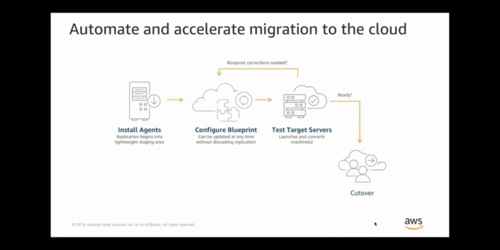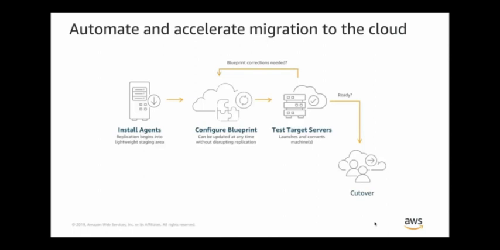CloudEndure is agent-based, so you would install your agents on your existing servers, whether those are Linux or Windows machines. And as soon as you install the agents, the replication starts. My colleague Alex will go into further detail on exactly how that happens, but the replication begins and starts moving the data into a staging area, which is on the AWS platform.